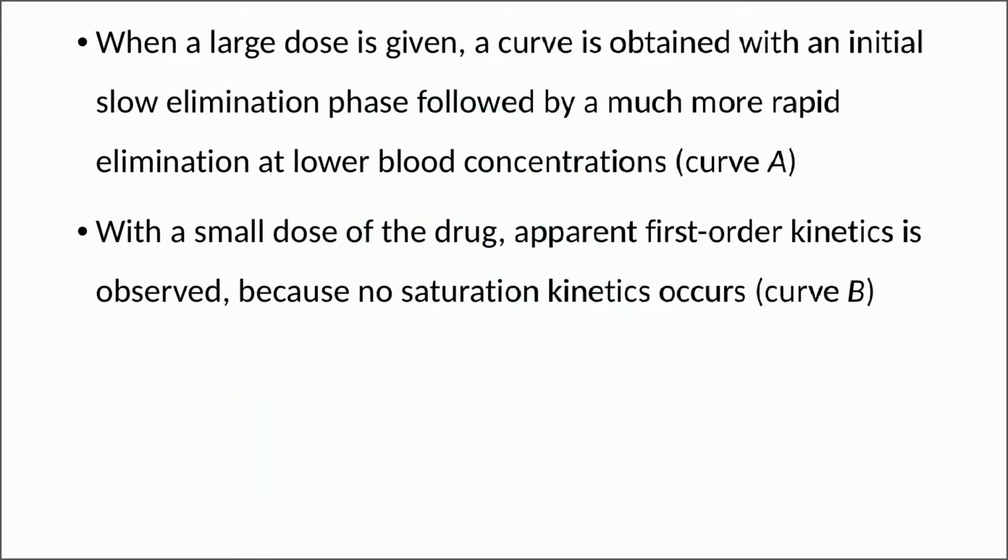Now when a large dose is given, a curve is obtained with an initial slow elimination phase followed by much more rapid elimination at lower blood concentration, that is curve A. With a small dose of the drug, apparent first order kinetics is observed because no saturation kinetics occurs, that is in curve B.